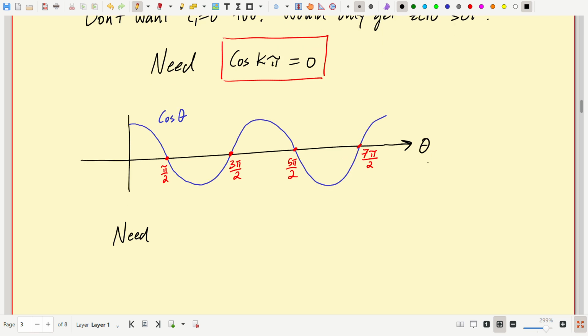If that's going to be 0, we need k pi to be equal to pi over 2 plus a multiple of pi.